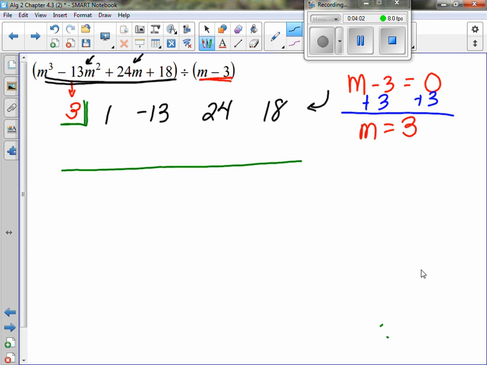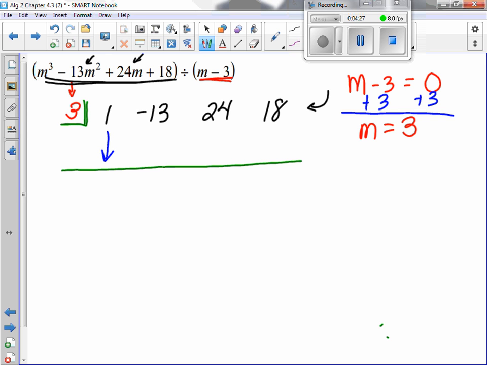Yes? Okay. So we solved for the value of m to get the number that goes in the cubby hole. The numbers that go across the top here are just straight from the polynomial that we're dividing. Okay? Everybody still following along so far? Yes? Okay. Next step.